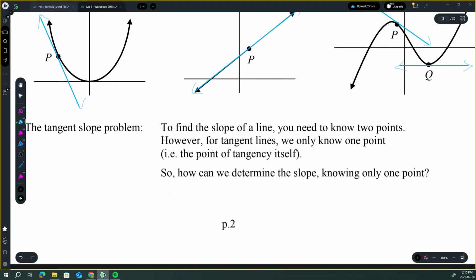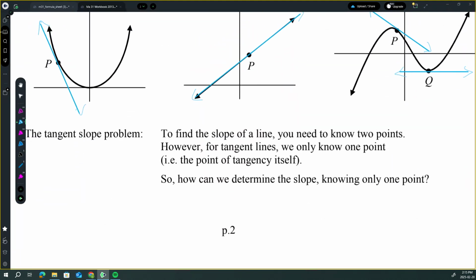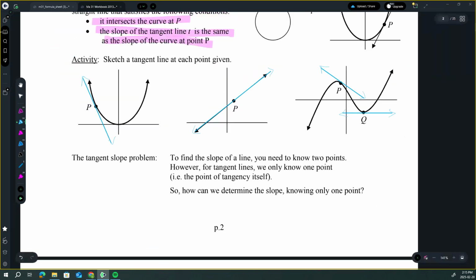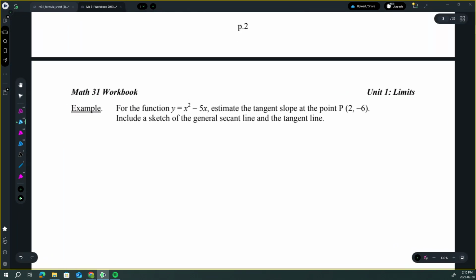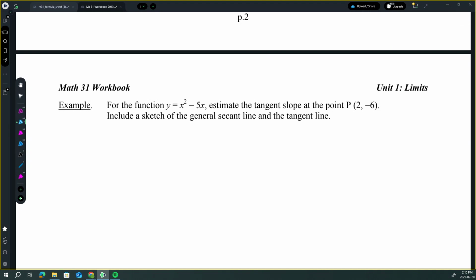However, the problem you're going to run into is that you need two points in order to figure out slope, but you're only going to be given one point. So the question is, how on earth are we going to figure out slope if we only know just one point here? On the next page, that's where we're going to apply this problem-solving process.